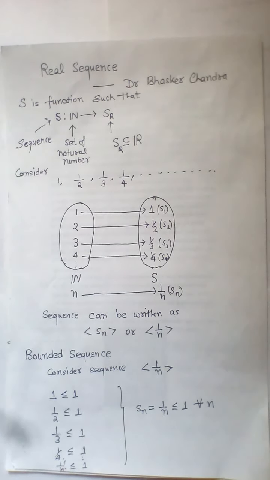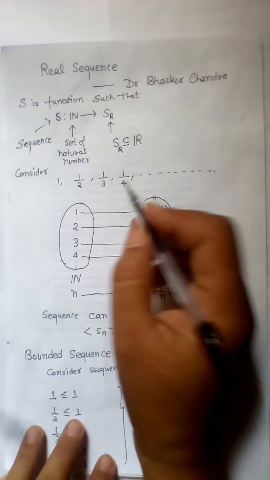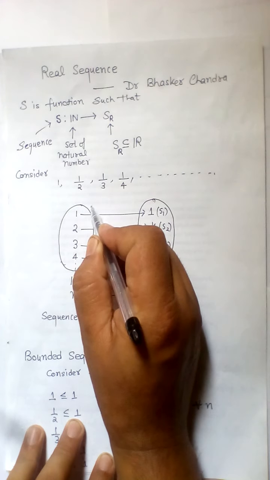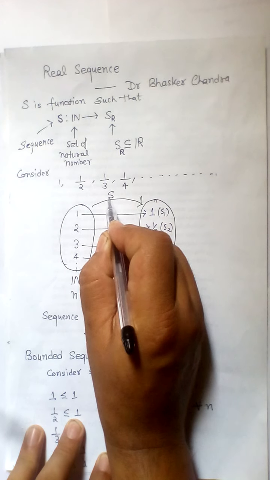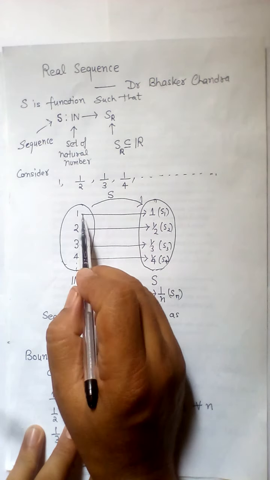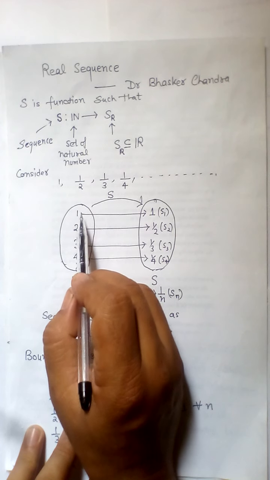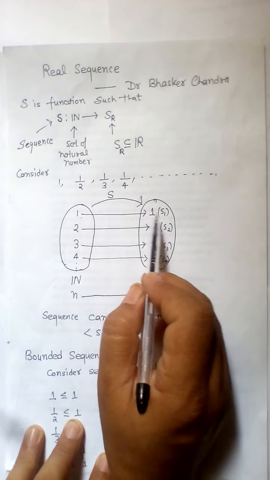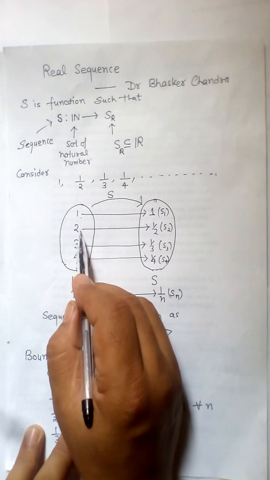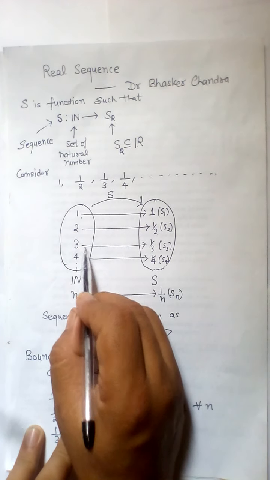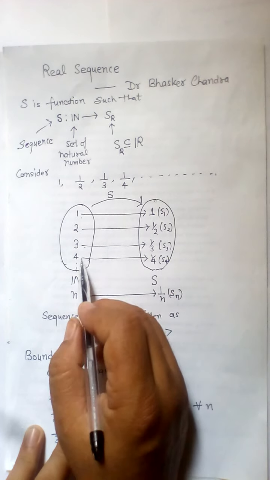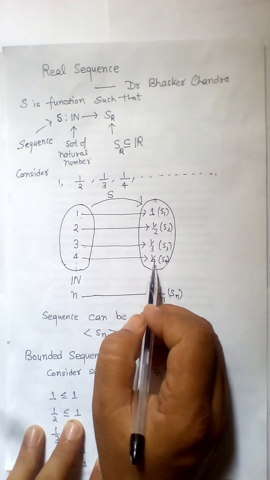This means here s is a function which takes 1 to 1, 2 to 1 by 2, 3 to 1 by 3, and 4 to 1 by 4.